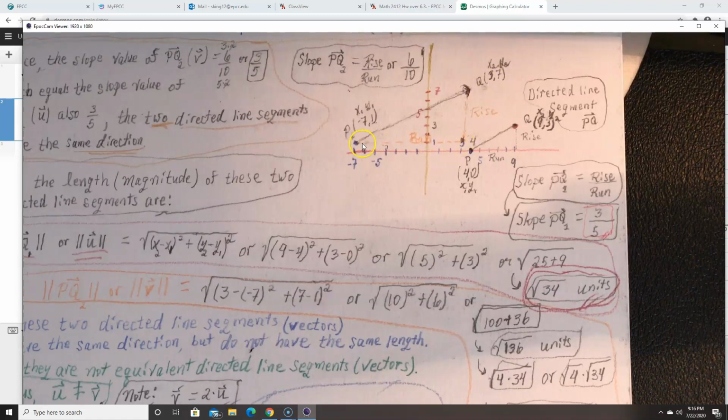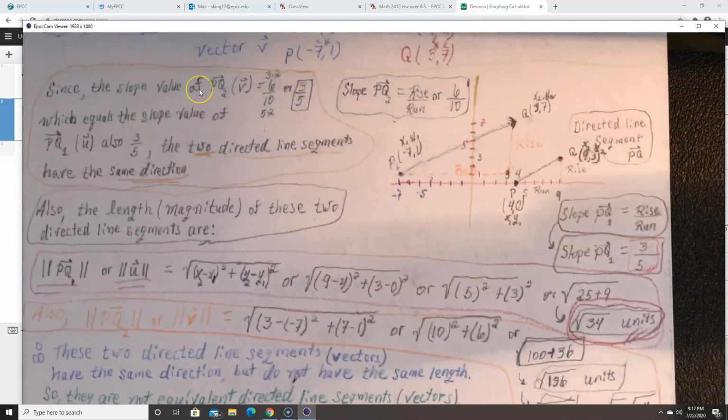And so 3 minus this number, negative 7, is 10. So that's how long the run is, 10 units. And this is the rise, which was y2 minus y1, which was right here, and that was 6. So this is 10 and this is 6. So up here I wrote that as well.